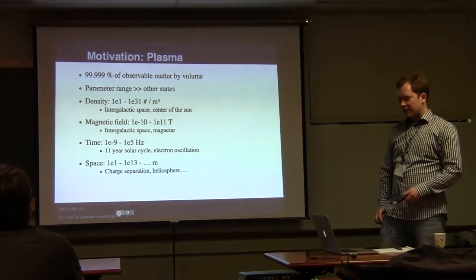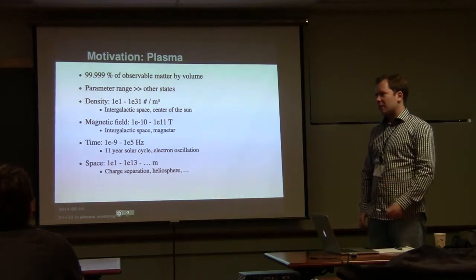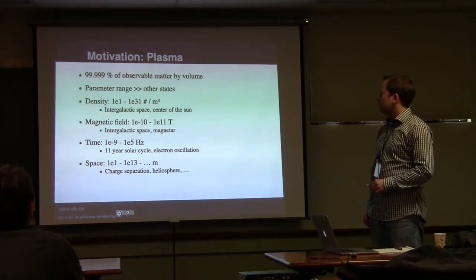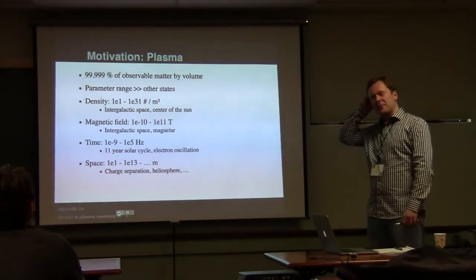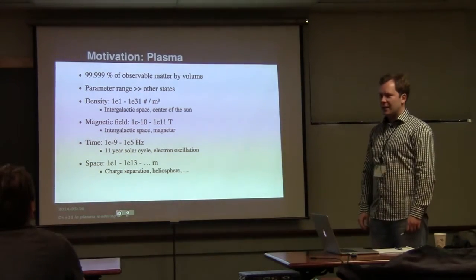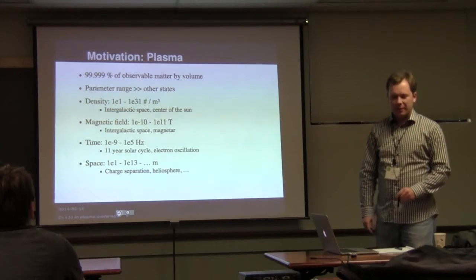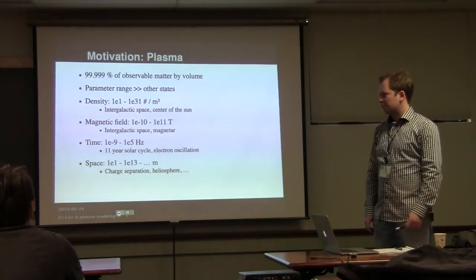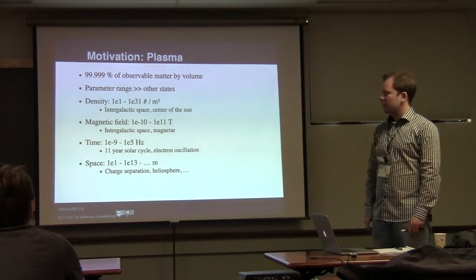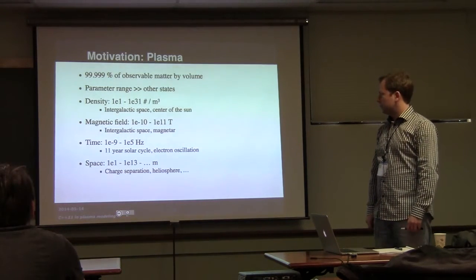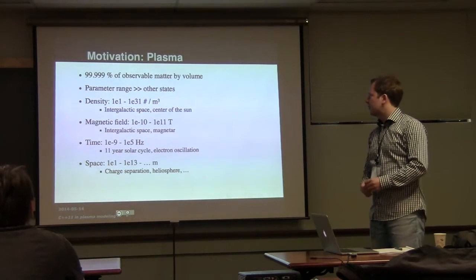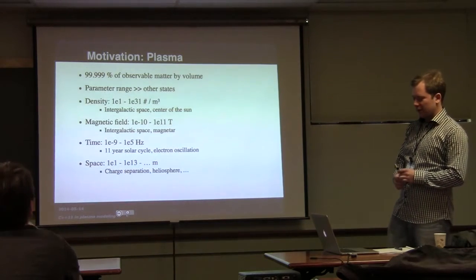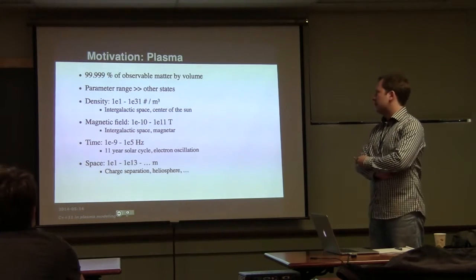And then some motivation on why to study plasma. First of all, 99% of the observable universe is in the plasma state. Pretty much the only exception are the neutral atmospheres of planets. Everything else is in the plasma state. Also the parameter range of plasma is significantly bigger than any of the other states of matter.